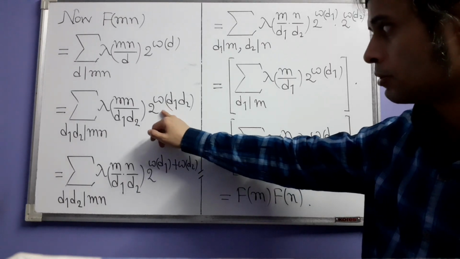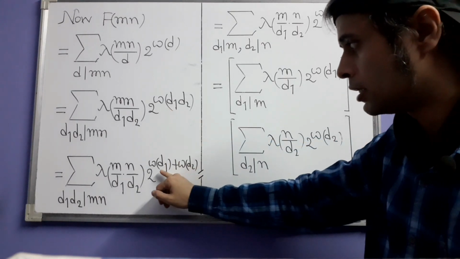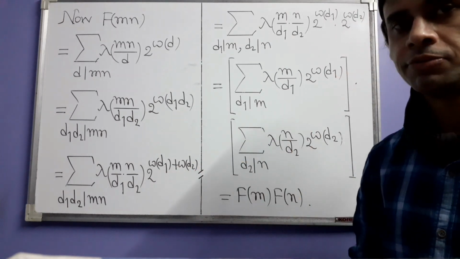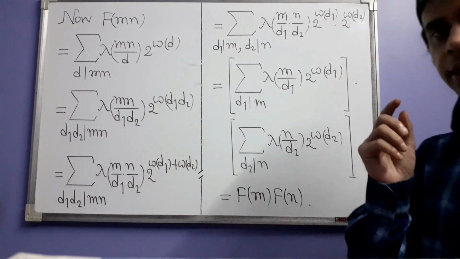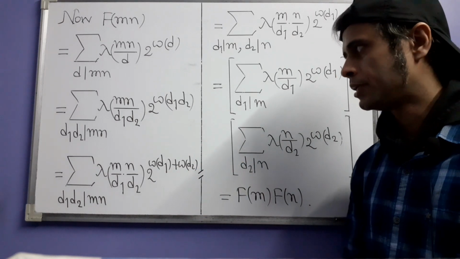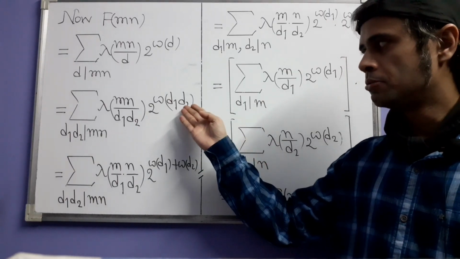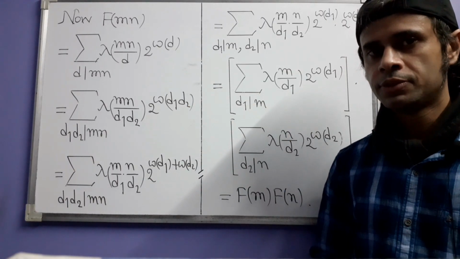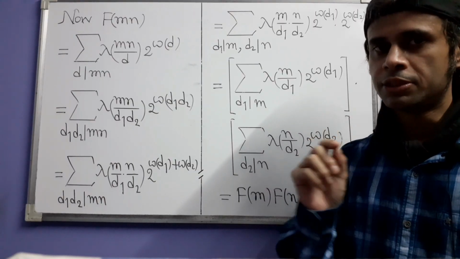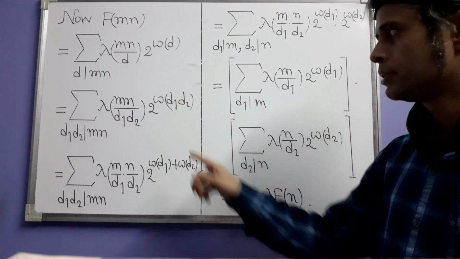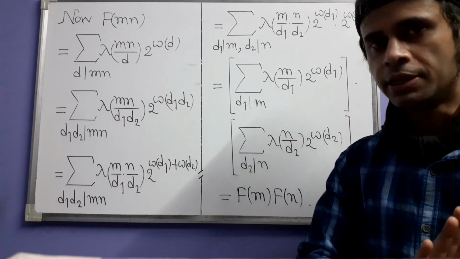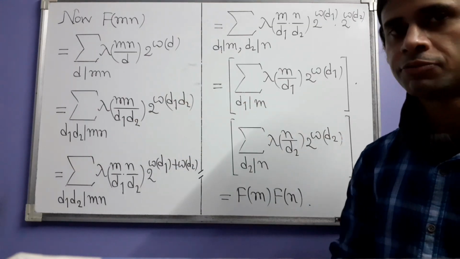Now how is omega of d1 d2 equal to omega of d1 plus omega of d2? Let's take one small example and then we will think of the general case. Say d1 is 2 and d2 is 3. Do not forget that d1 and d2 have to be relatively prime. So d1 d2 is 6. What is omega of d1 d2?